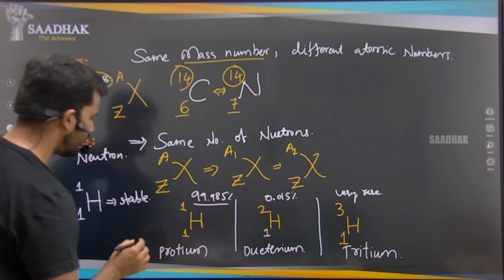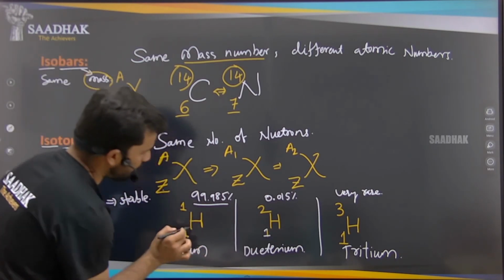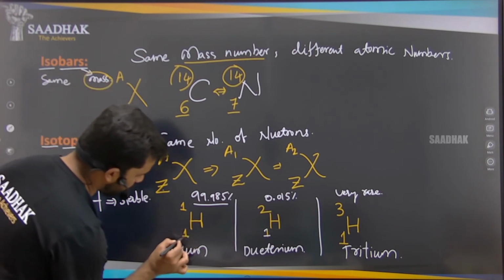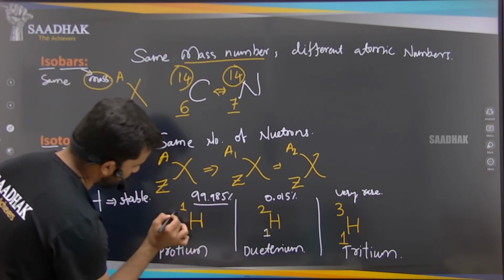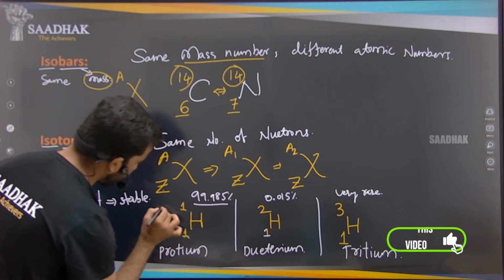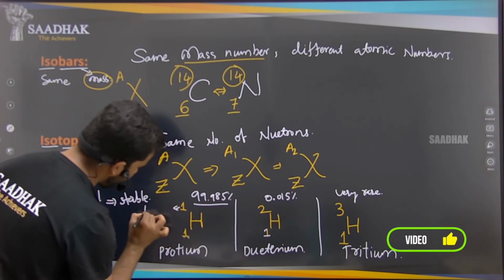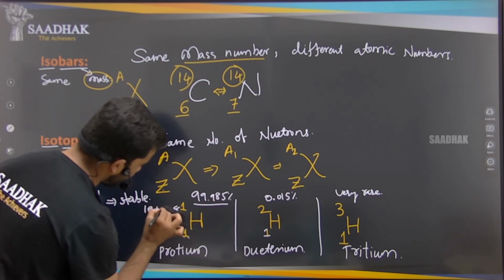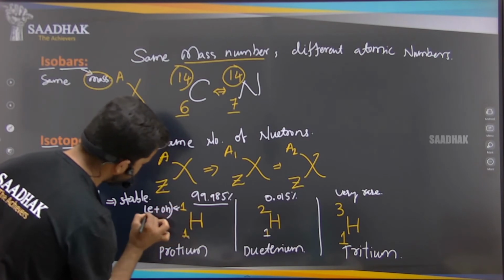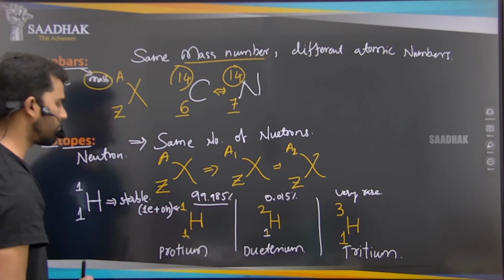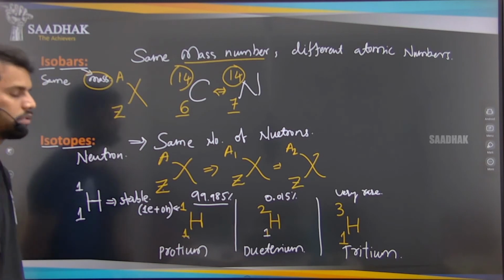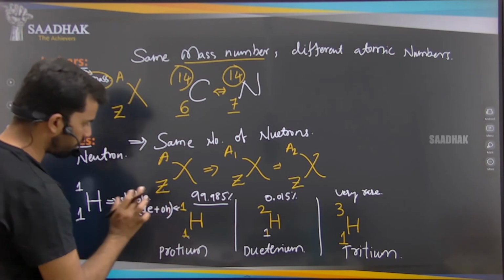Hydrogen is stable here, with one proton and one electron, so I can write it here: one electron plus 0 neutrons, so that's why 1 here.